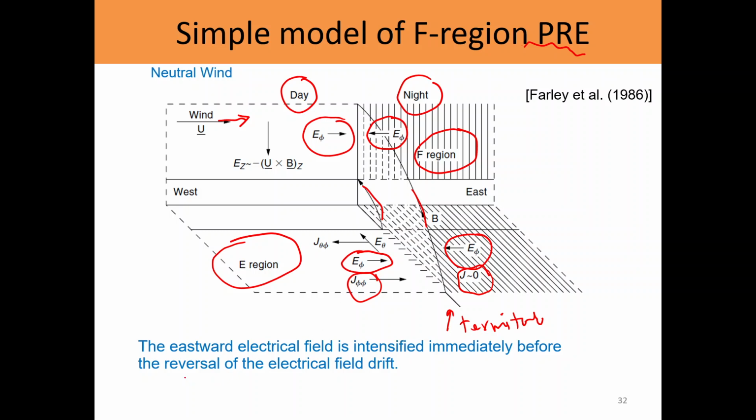And before the reversal of the electric field drift, the eastward electric field tends to be enhanced around this time. So a lot of dynamics occur around here at the terminator, because of the collision of different forces, different directions of field and so on, and that's why there is often some instability in this area.